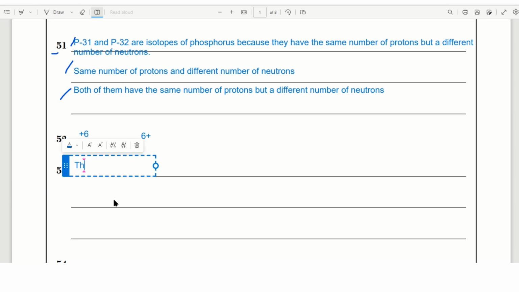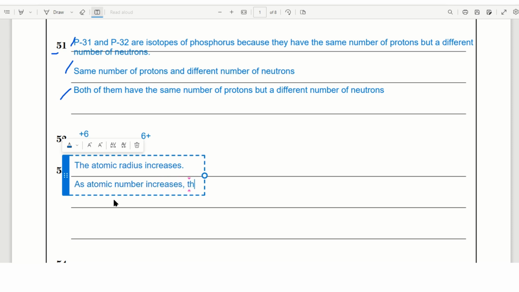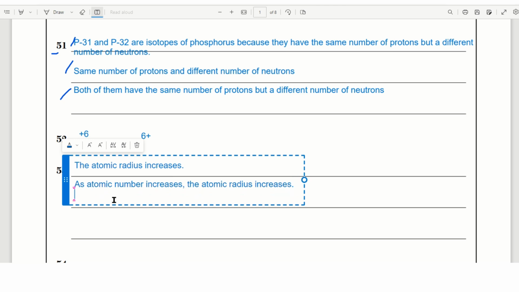Okay, the atomic radius increases. Okay, that's an acceptable answer. What else could you say? As atomic number increases, the atomic radius increases. What else could you say?